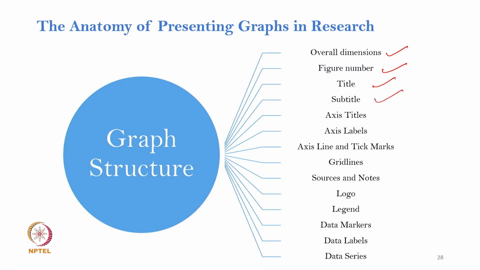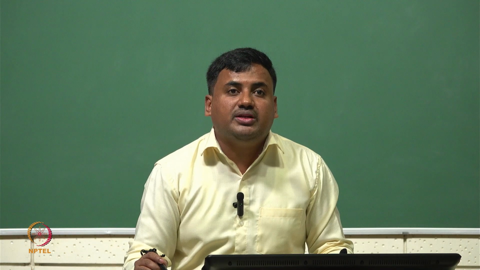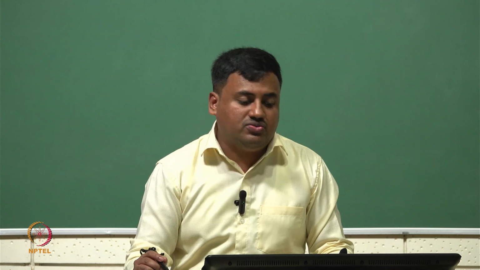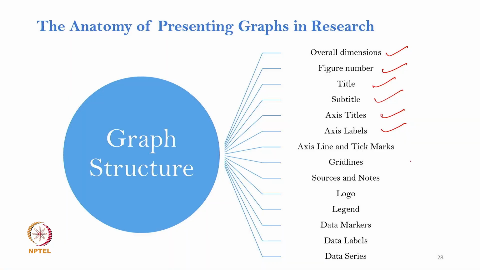And the graphics always can be given in a manner with the axis titles and labels. You should know that when you are presenting the graphics, what the titles should be and how the labels are going to be presented, like X and Y. You should have labels here, here, and here, and the axis lines, tick marks and grid lines.